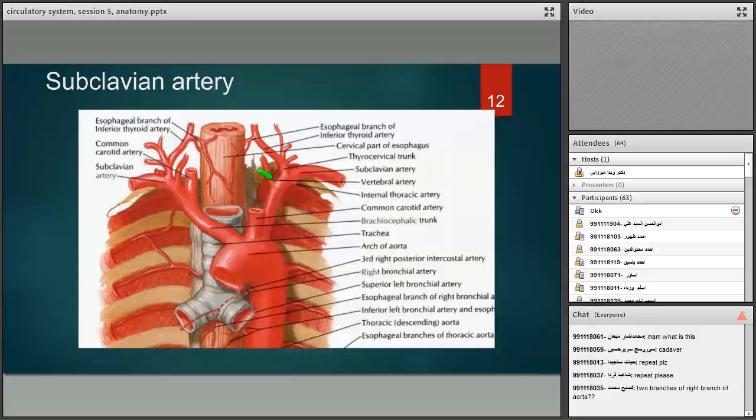What? Two branches of the right branch of the aorta? I cannot understand your question, Mr. Fassi.